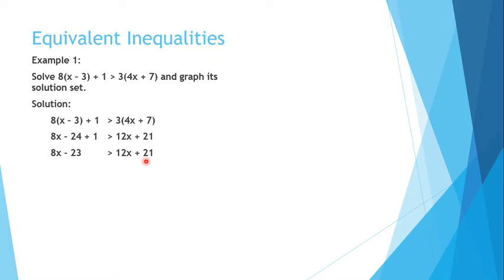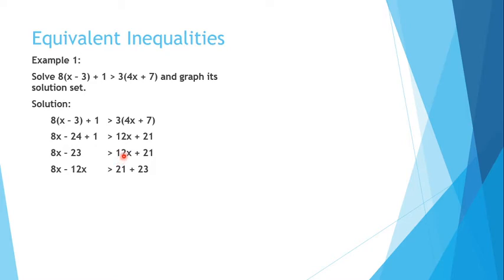Now again, we have to put together those that have the same variables, and those that do not have any variables, the constants. So 8x and then minus 12x.